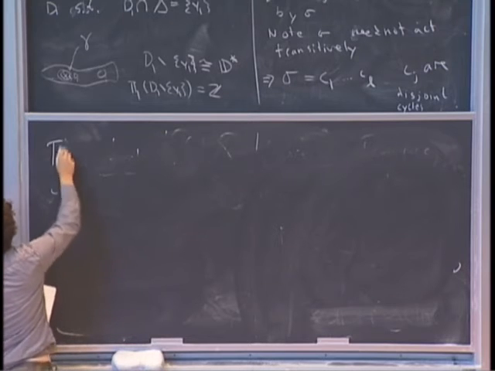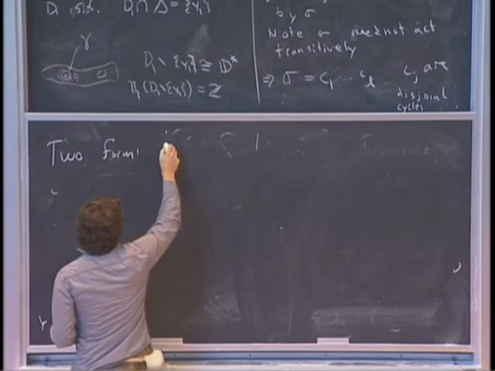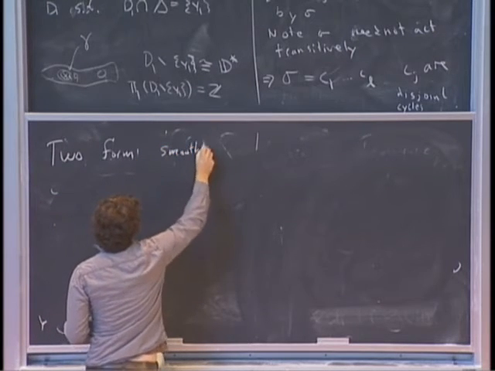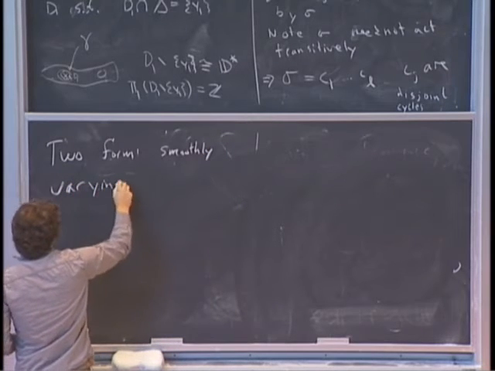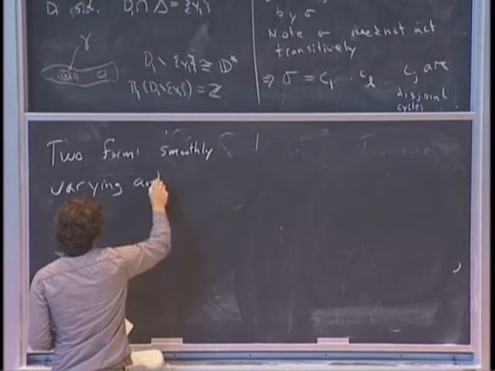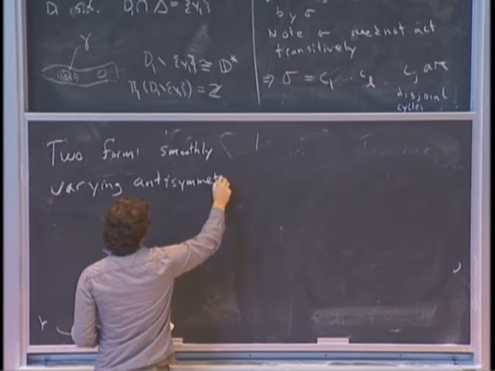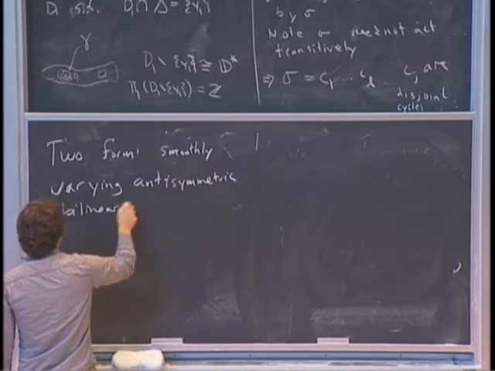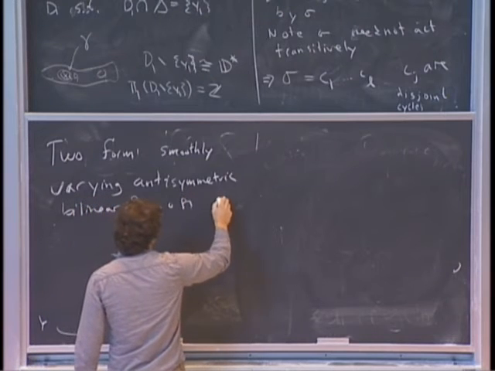So again, a two-form is just a smoothly varying antisymmetric bilinear form on the space of vector fields.